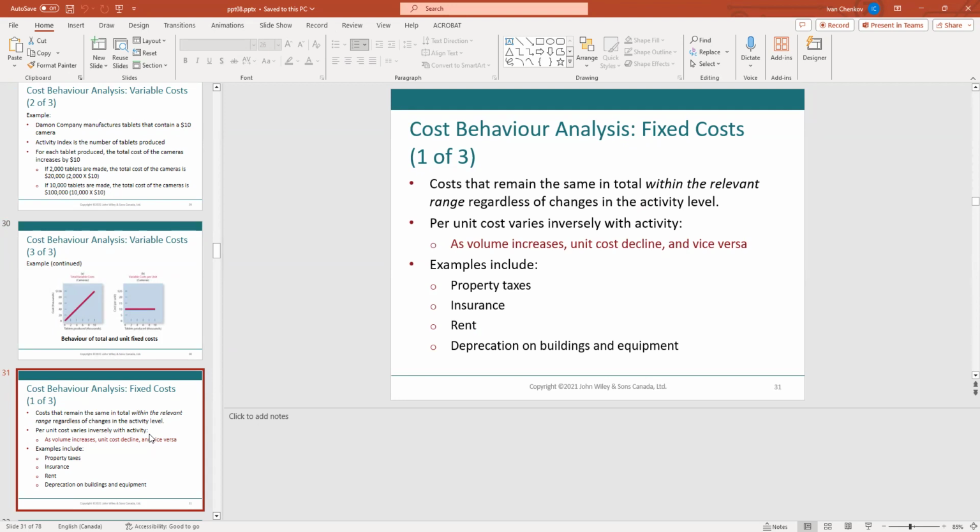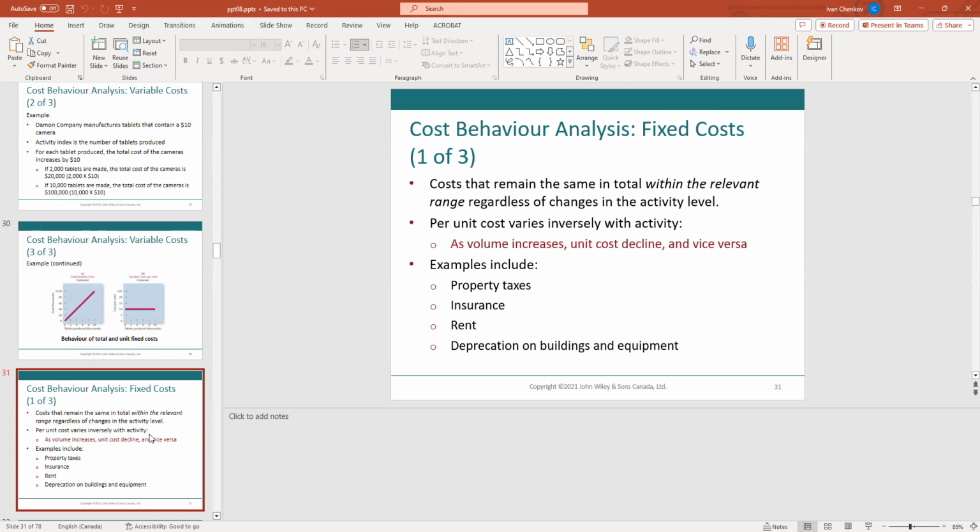An example of fixed cost will be your rent. The rent that you're paying, relative to the people who live in the household, is a fixed cost. Let's say you're paying $1,000 rent for a one bedroom apartment. If one person lives in that apartment, the cost per person is $1,000. If two people live in that apartment, the rent is still going to stay $1,000, but the cost per person now goes down to $500.